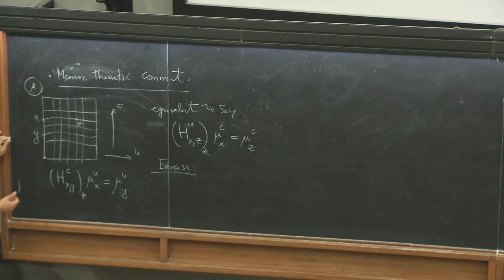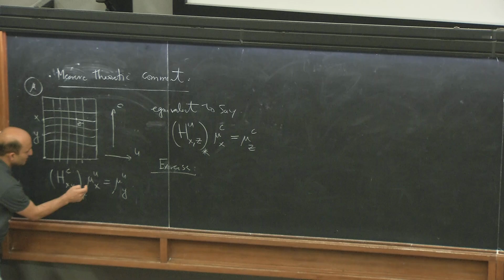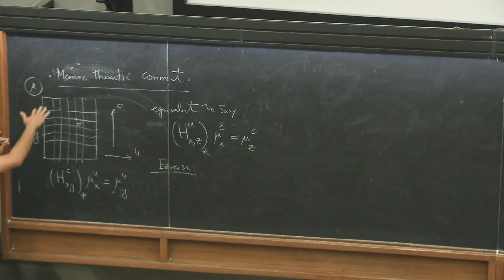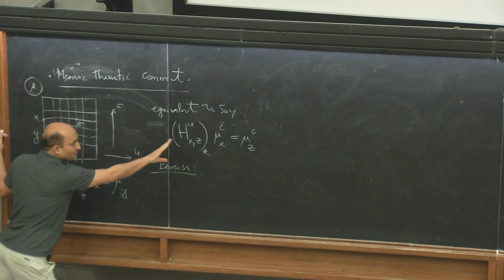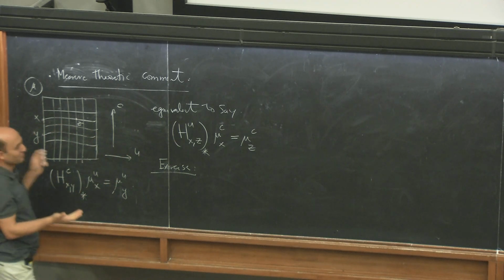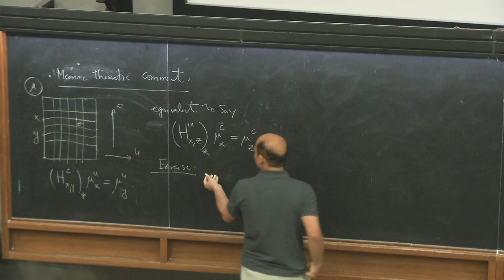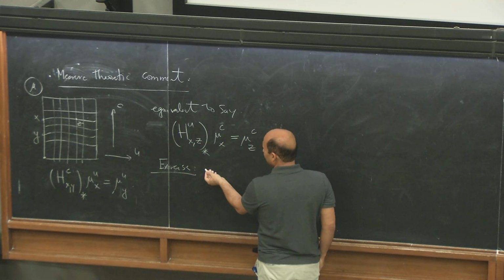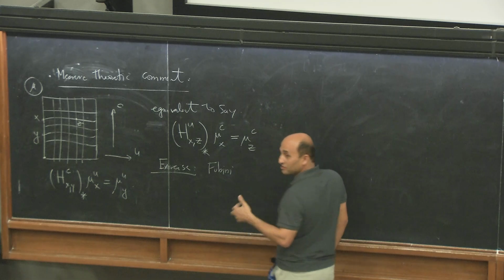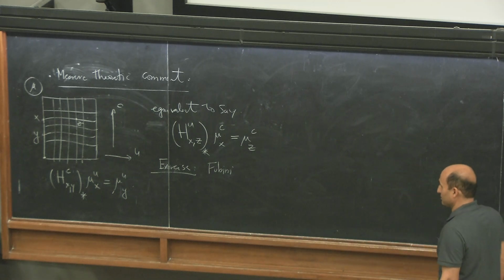If by chance the unstable disintegration is invariant by the C holonomy, then you can show that the center disintegration is also invariant by the U holonomy. This is an exercise, really using the Fubini change of integrations.